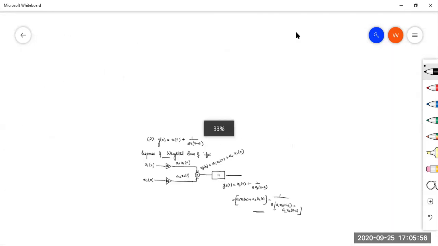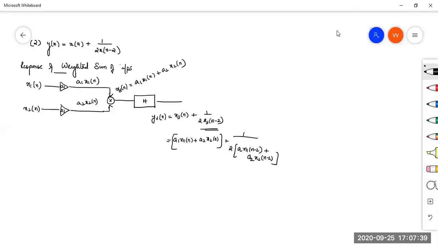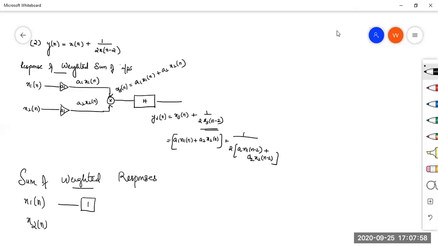Now you have to see the sum of weighted responses. Here first the signals x1 of n and x2 of n have to be passed through the system.